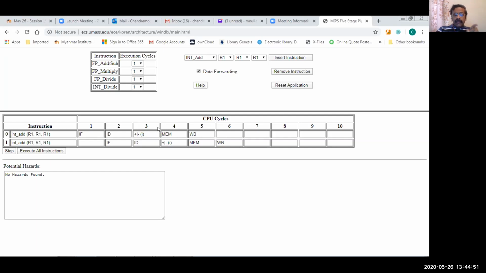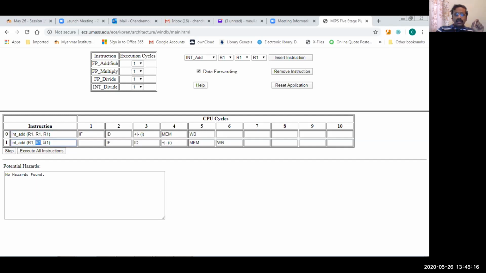It is available in the pipeline register, which is nothing but EX/MEM. And you know that from both EX/MEM and MEM/write back, there are forwarding paths available to the input of the ALU. In this case, both operands are read from R1.